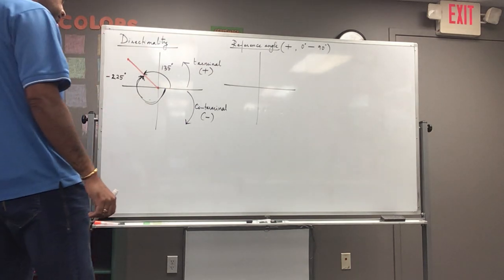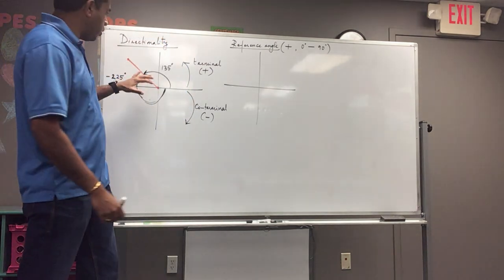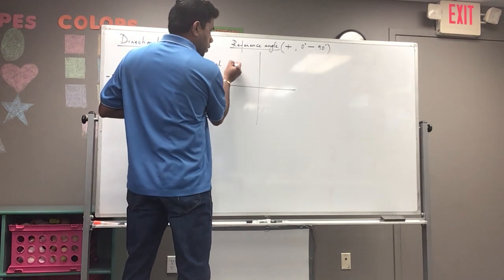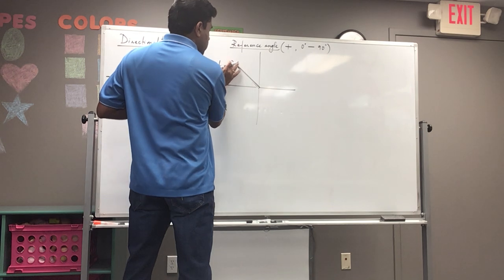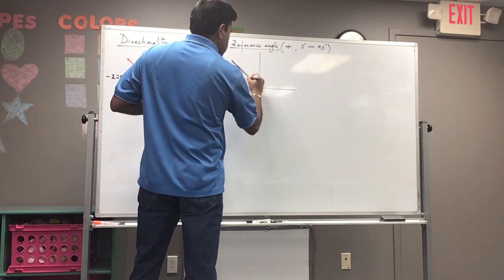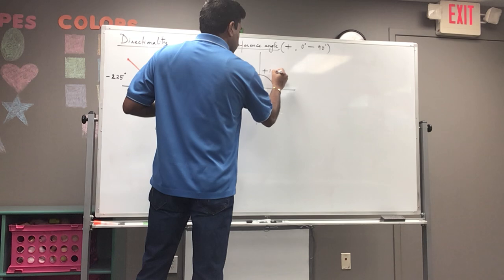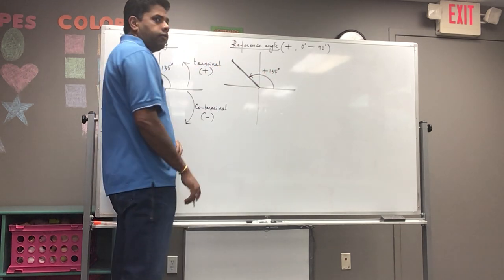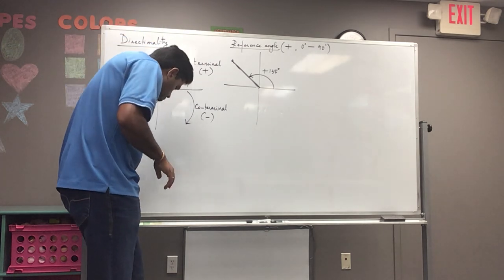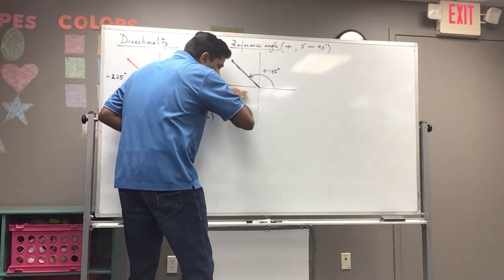So for example, let's go back to this 135 degrees here. If I draw this angle, this is positive 135 degrees. And if I ask you, what is the reference angle of this? So what we do is we reference to the x-axis.